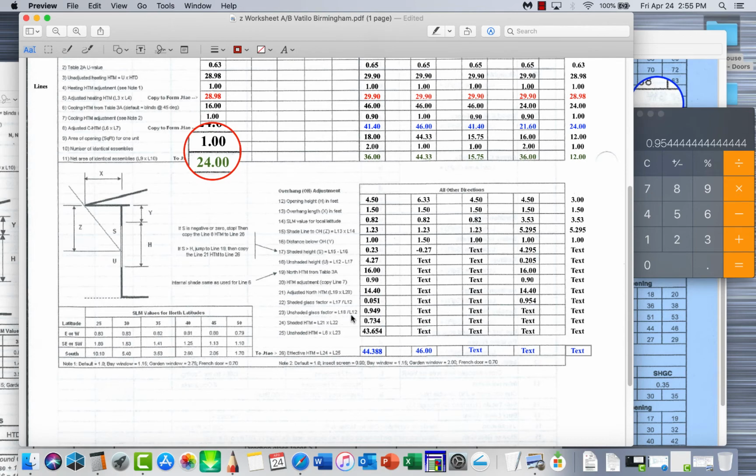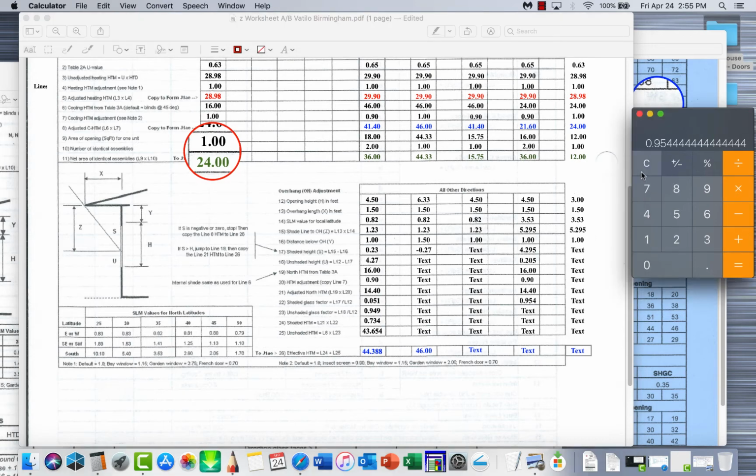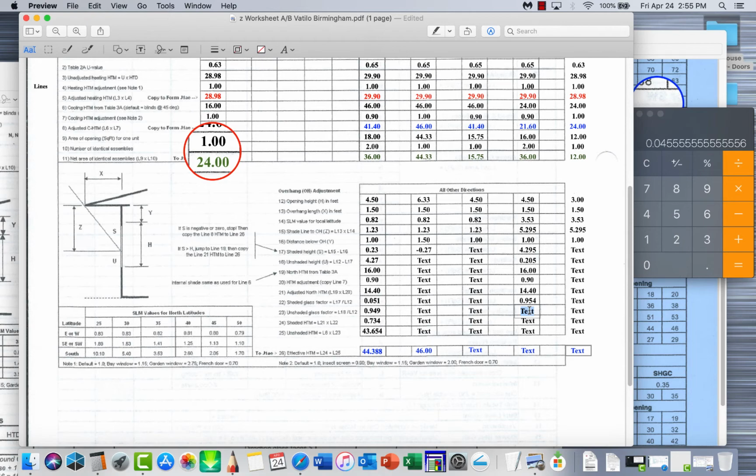Unshaded height, line 18 divided by line 12. So line 18 is right here, 0.205 divided by line 12, which is our height again, 4.5. And you end up with this big number, which we're going to round to 0.046.